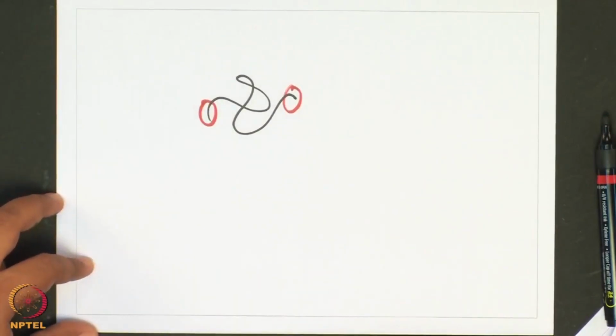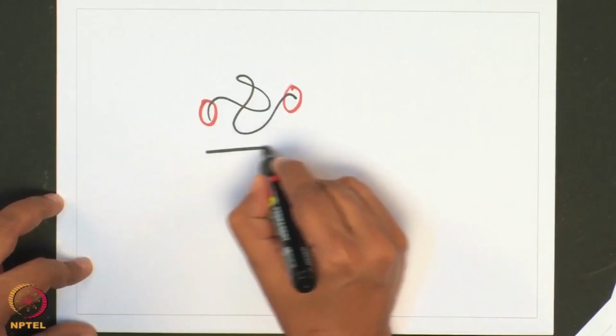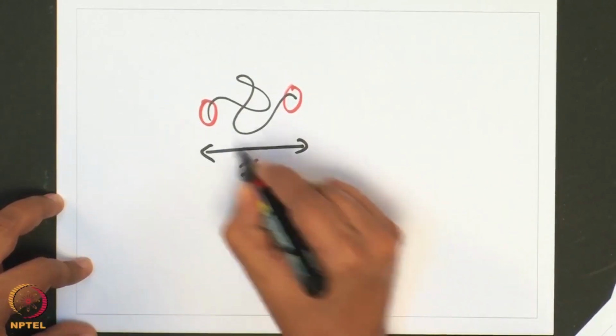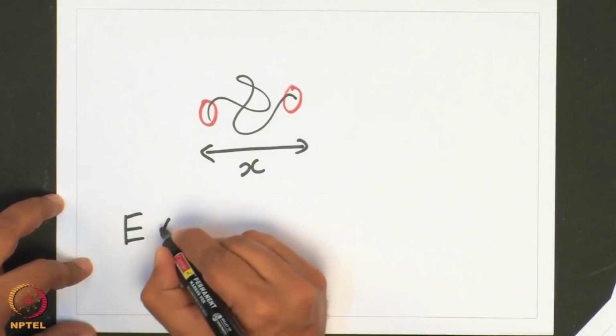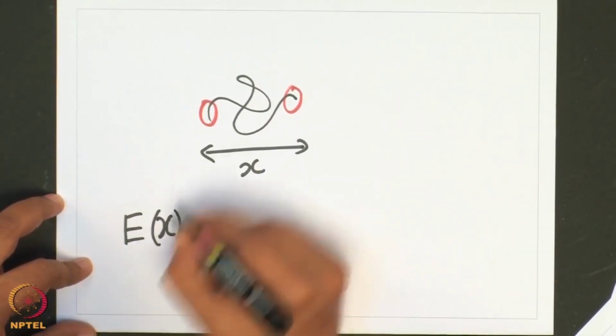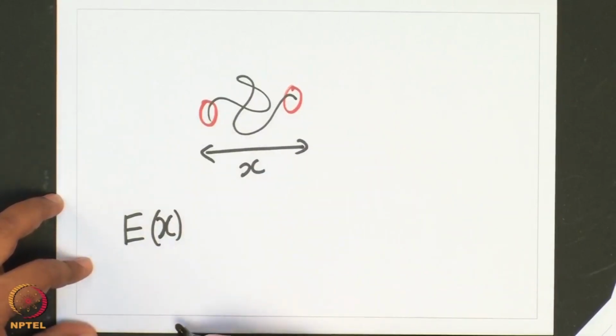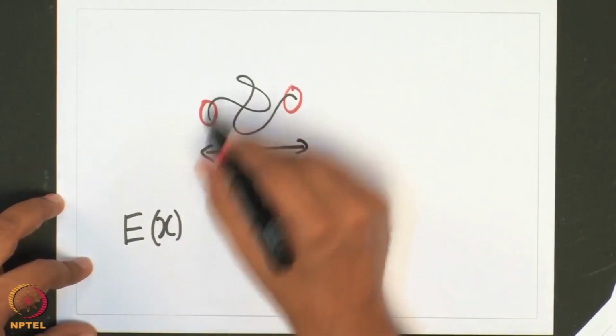The distance between these two endpoints, let me call x. So what is the energy of the molecule if those two points are x distance apart?